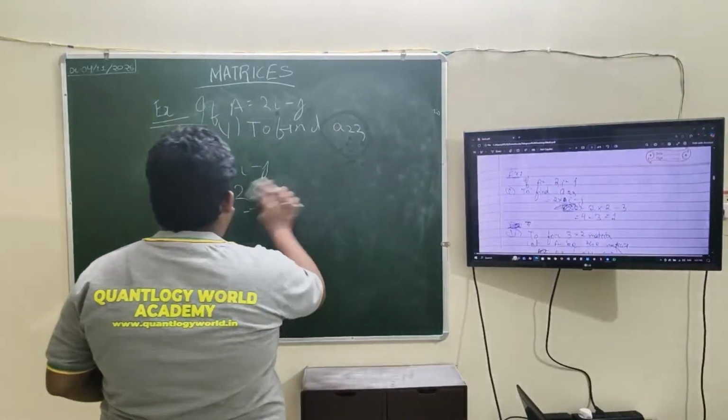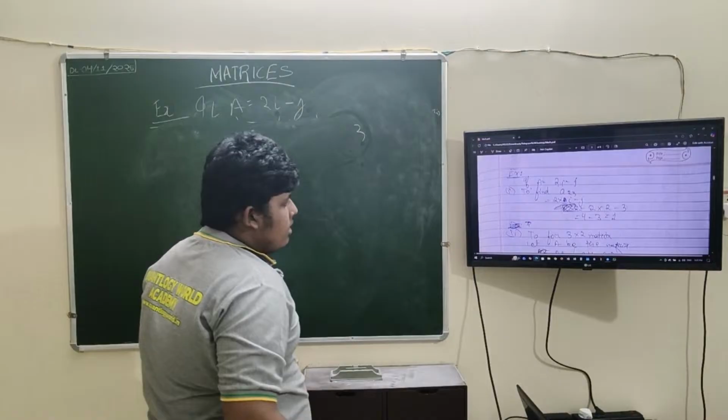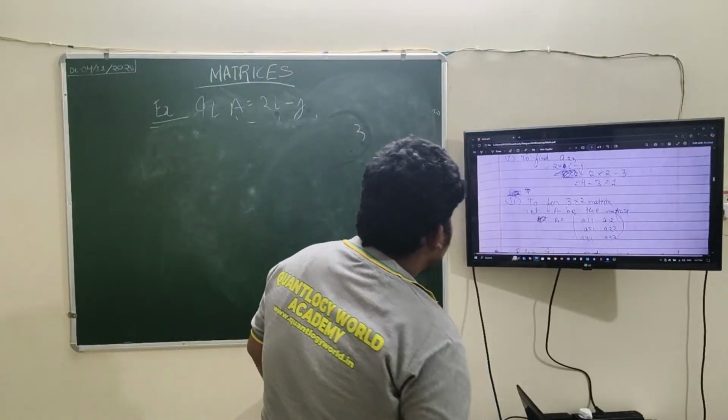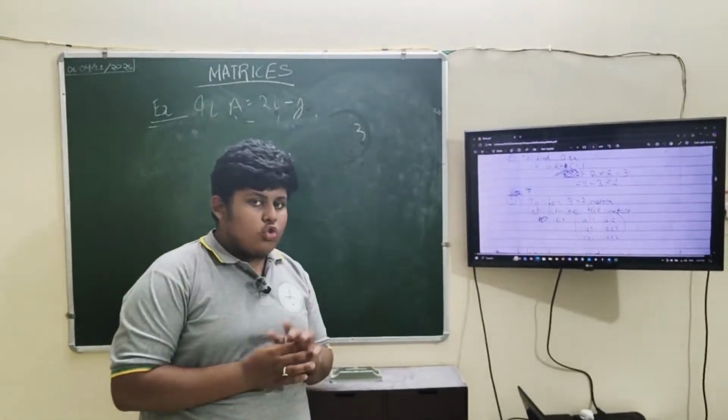Then we will move to the second bit of this question. The second bit is to form a matrix of 3 cross 2.